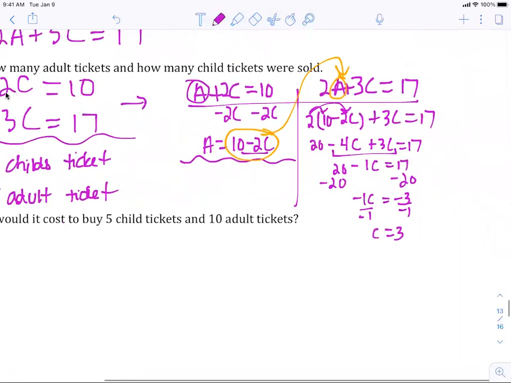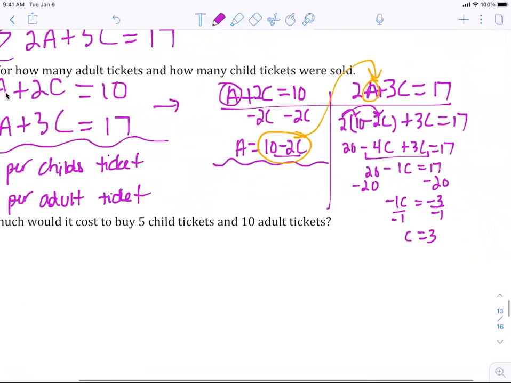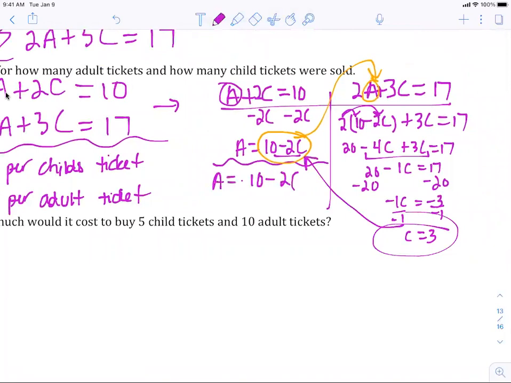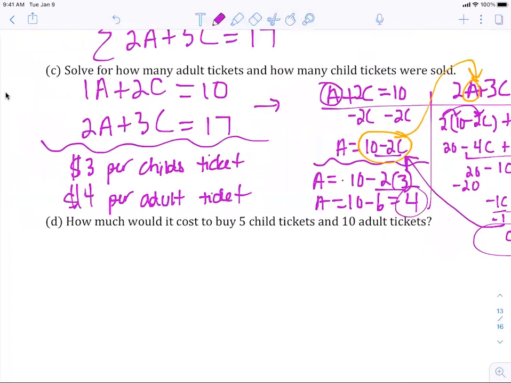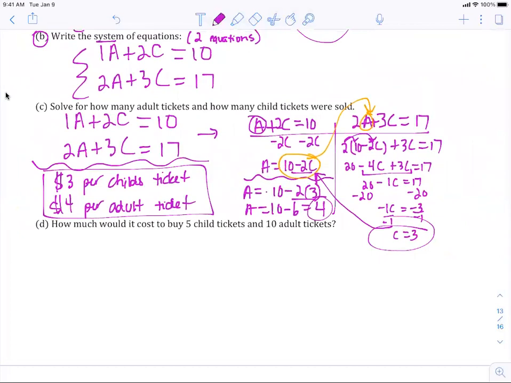To do that, all we're going to do is plug it back in. I know C is equal to 3, so let's plug it in and see what the price of an adult ticket is. 2 times 3 is going to end up being 6, and 10 minus 6 is going to end up being 4. And you just found your price for an adult ticket. It's $3 per child's ticket, and it's $4 per adult's ticket.